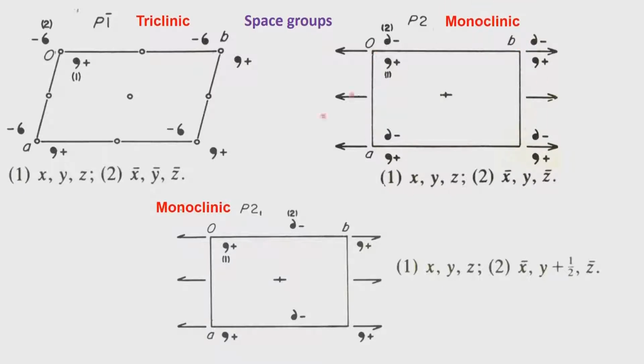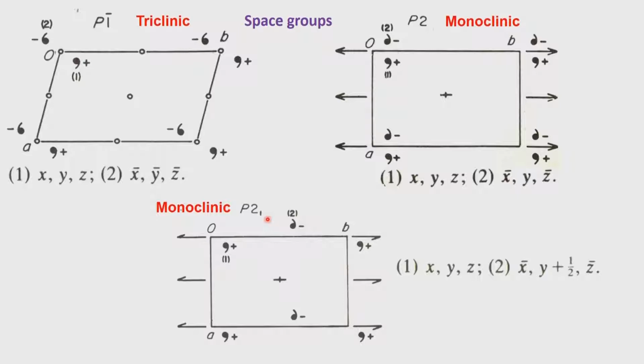The addition of a half translation is invoked in the case of a 2-1 screw axis. So, instead of a two-fold axis, if we have a 2-1 screw axis, then you see the operations very clearly: x, y, z will undergo a two-fold operation, and after the two-fold operation there is a half translation along the direction of rotation.